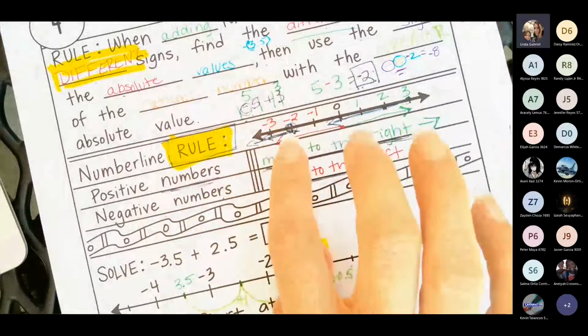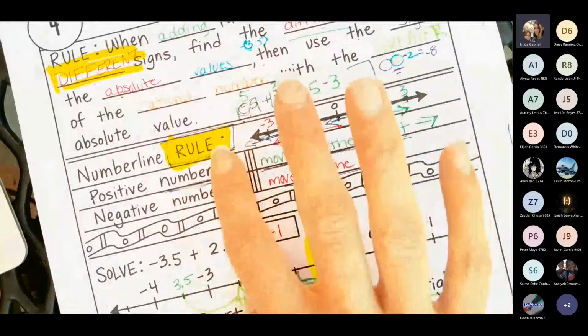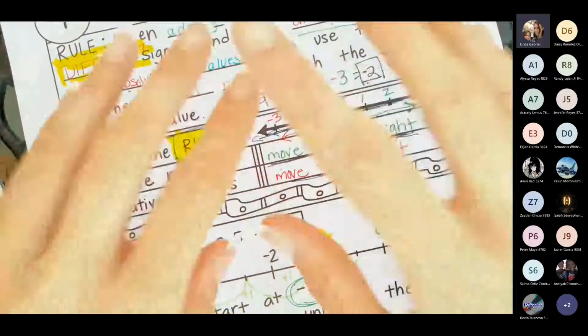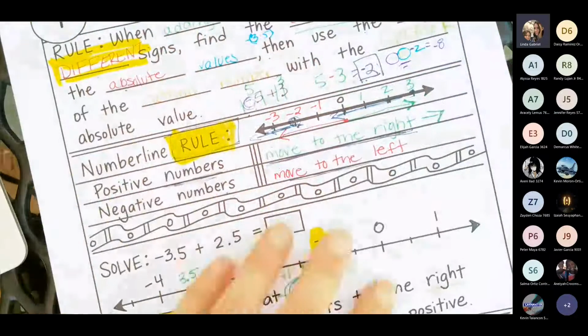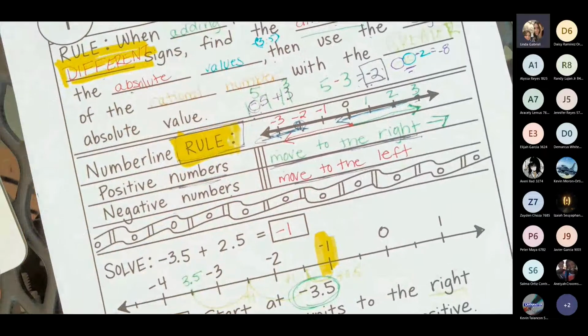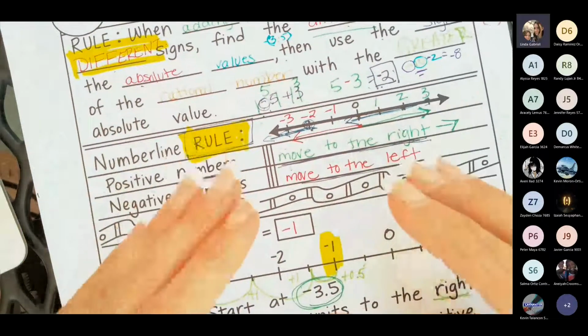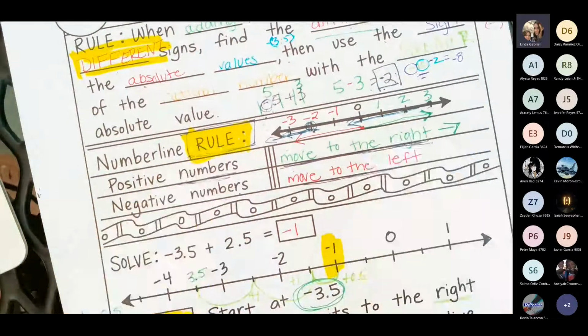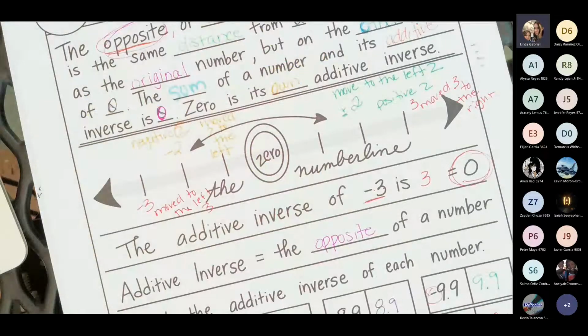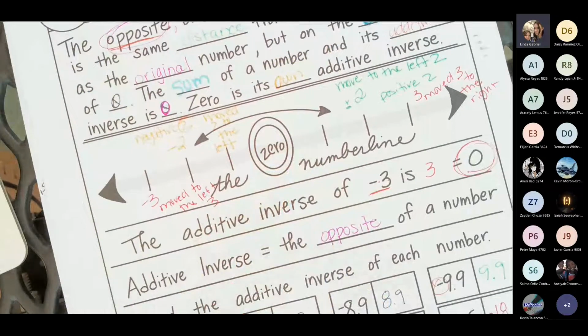So my negative absolute values will increase as I move more to the left. And this is super important as we move forward with working with numbers with different signs, okay? And this is going to hold true as we move into multiplication and division of positive and negative numbers, okay?